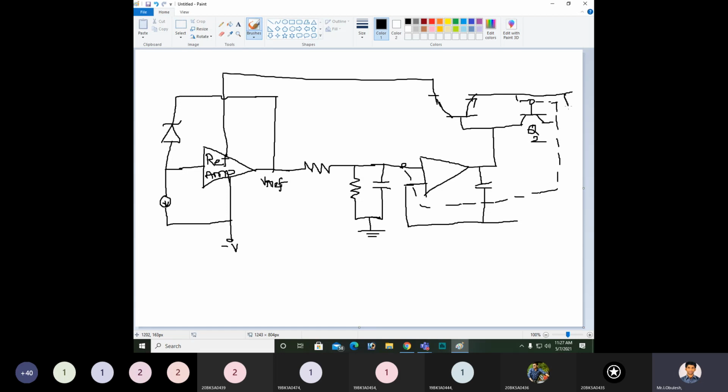Here you need to connect the load also. Here is the load. You need to connect the load. So the terminal is connecting to load now. And here you need to connect this.